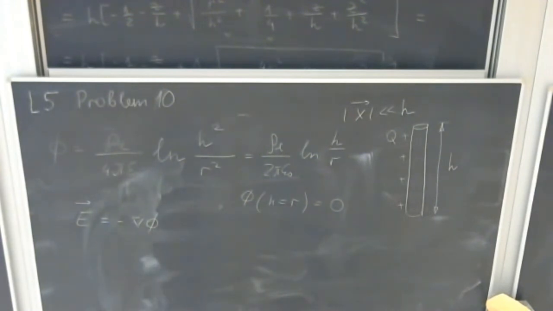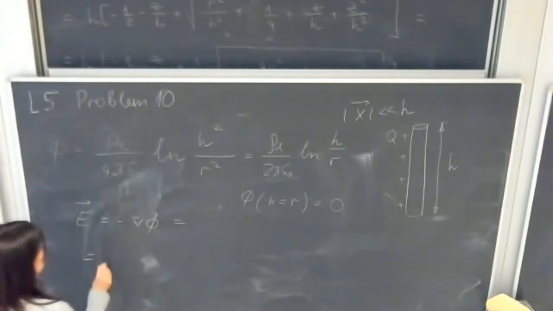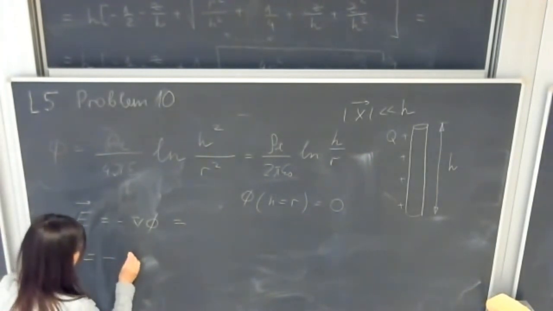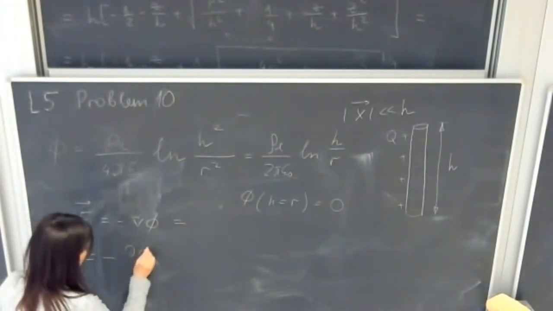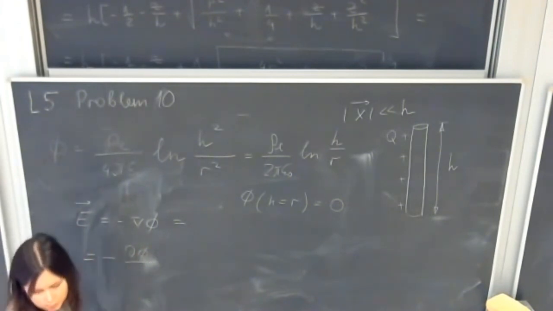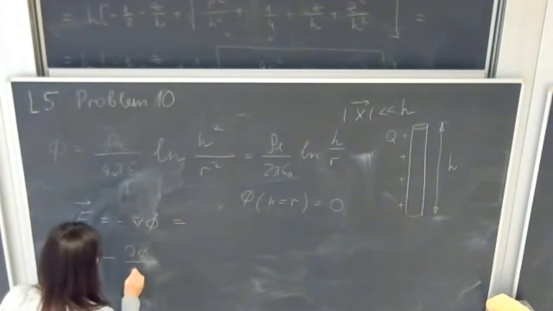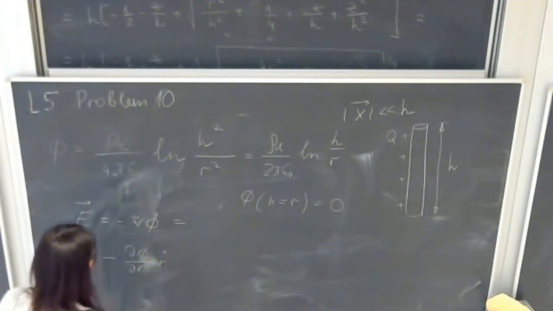So we can write the gradient of the potential in cylindrical coordinates. So it's, implying we are in the R direction, we have minus from here.